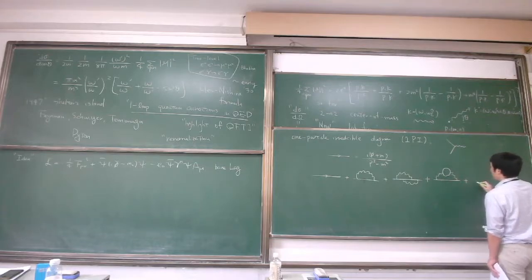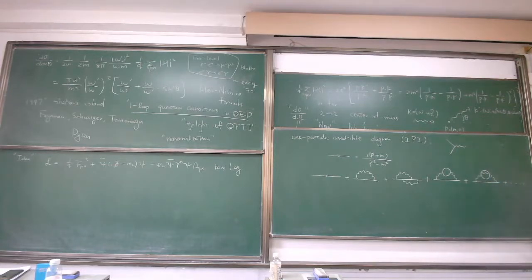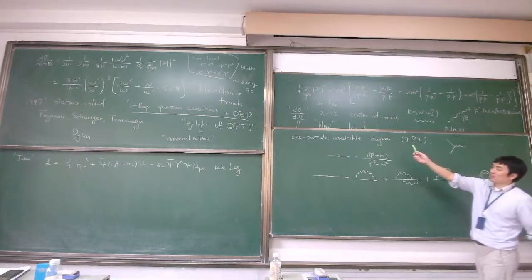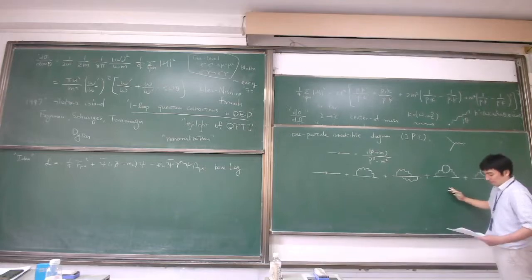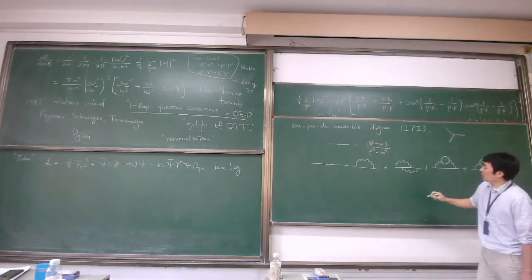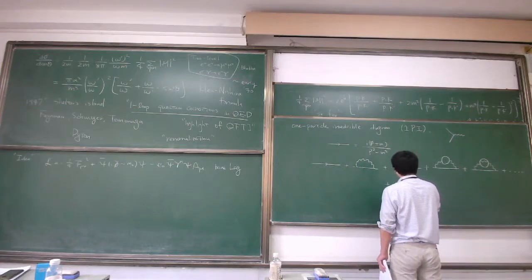As you can easily see, lots of diagrams one can create by using this vertex. Okay? And one-particle irreducible means that you cannot cut in the middle. For instance, this is one-particle irreducible, but this is not.